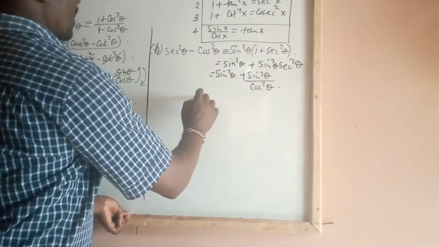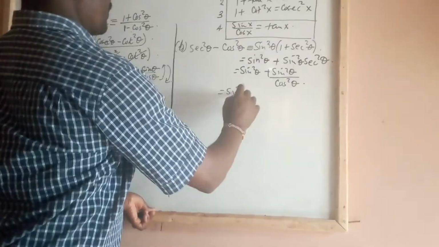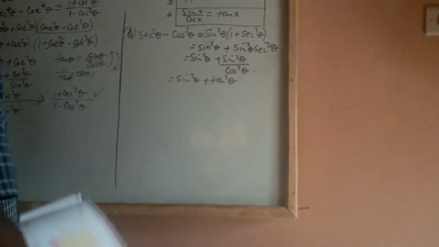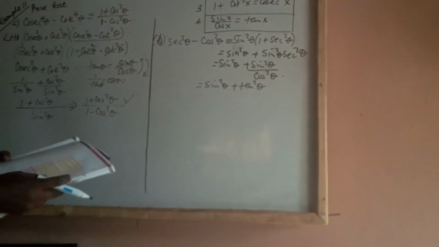So we have sine squared theta plus tangent squared theta.